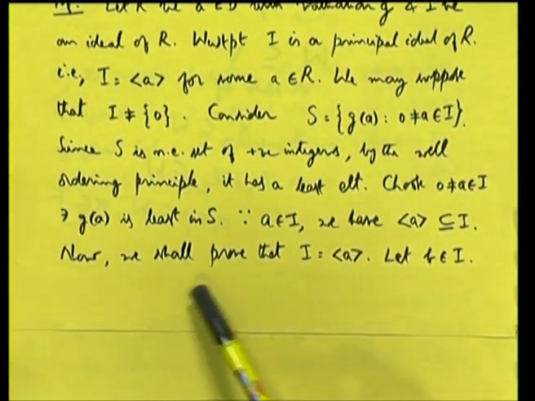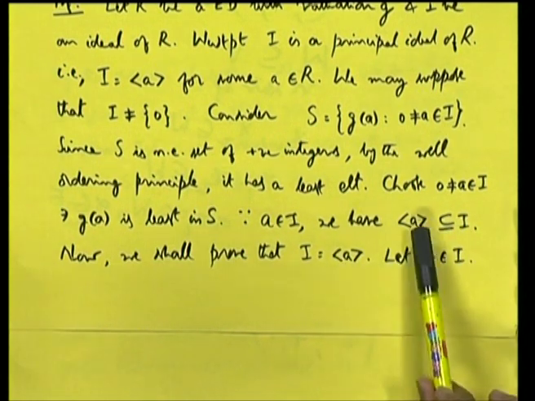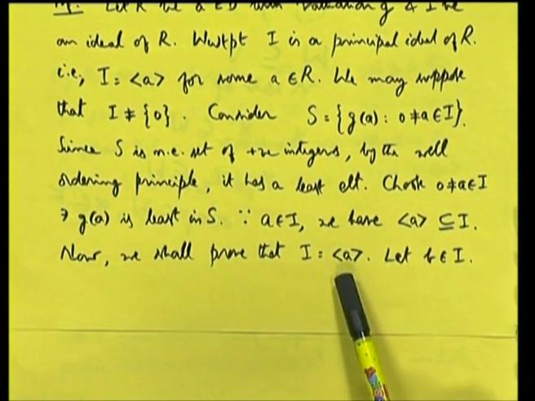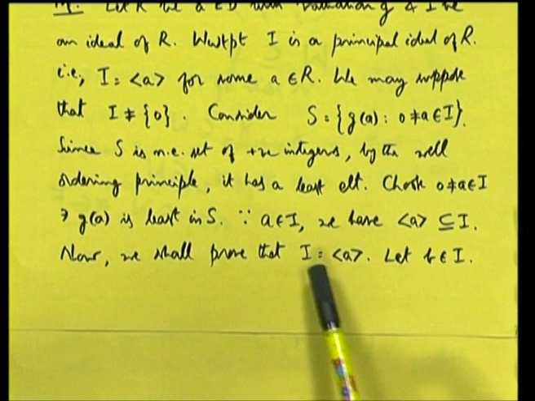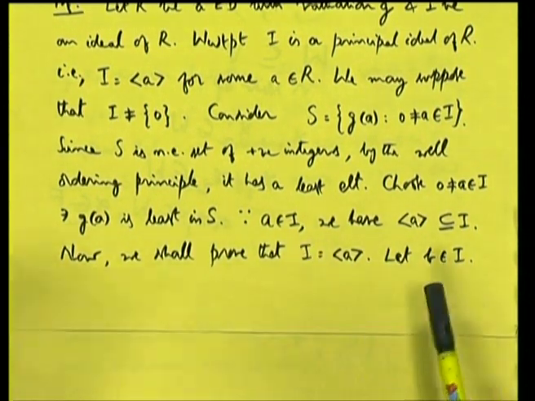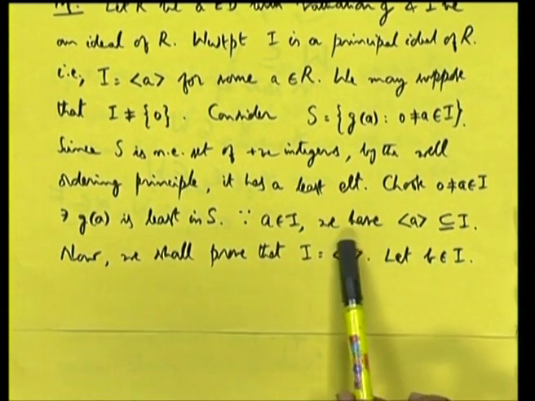We want to prove that this capital I is in fact equal to the ideal generated by small a. So let us take an element small b from capital I. We want to show that this small b is a member of the ideal generated by small a. Here we apply the division algorithm. This comes from the property of Euclidean domain.